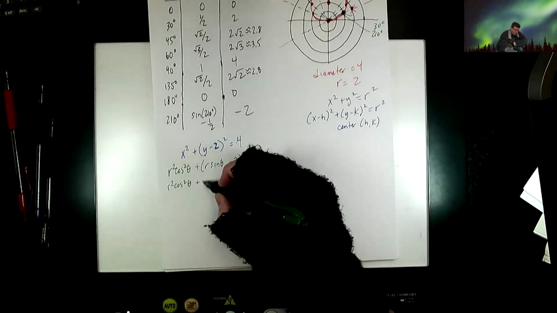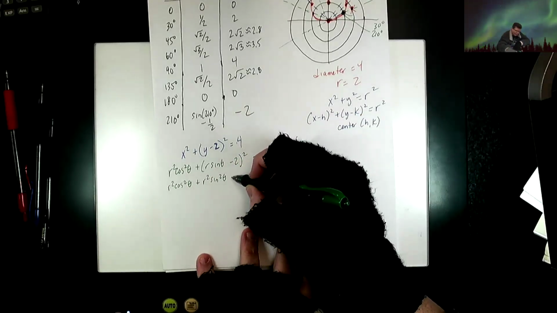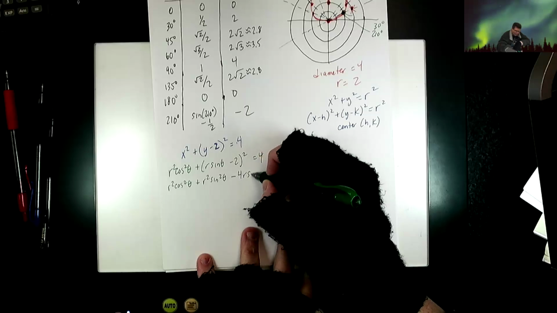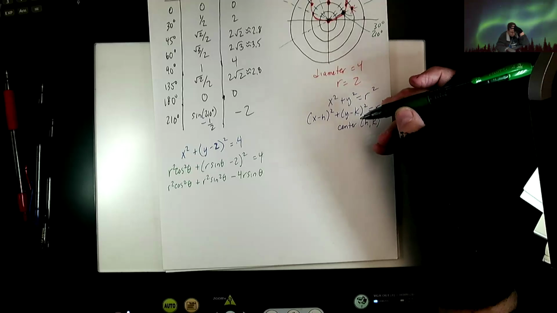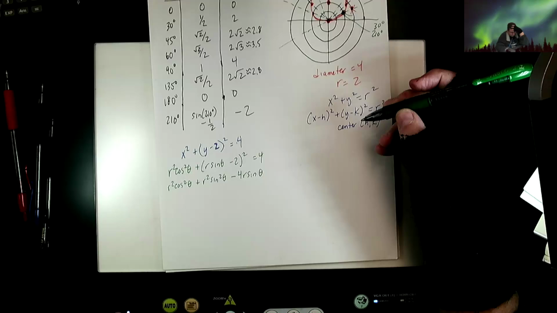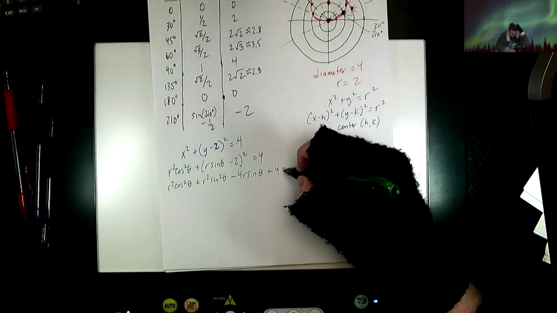I'm going to get an r squared sine squared theta, minus 4r sine theta, plus 4 equals 4.